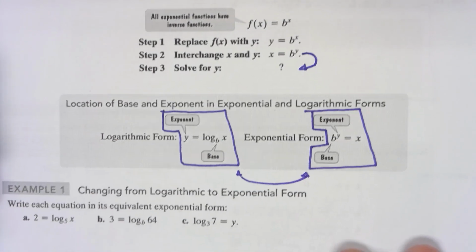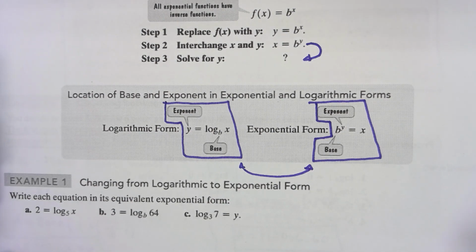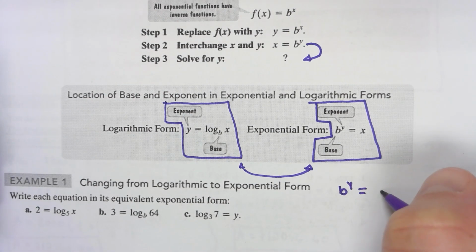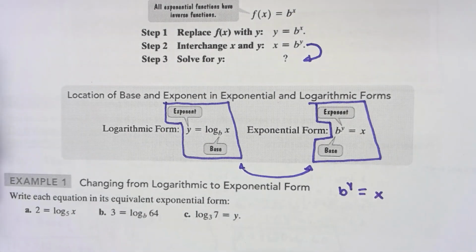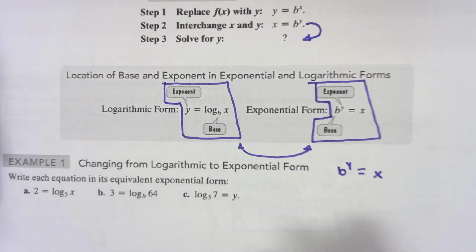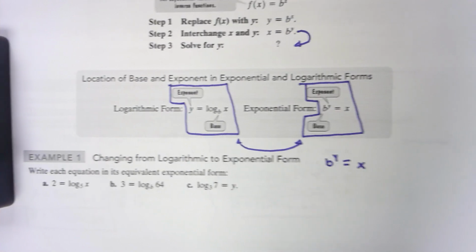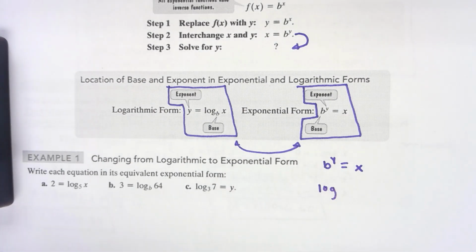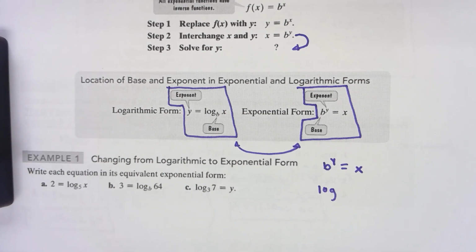So here's how I remember how to convert from one form to the other. Let's just rewrite these, where if I had b to the power of y equals x, and I want to convert that to a log, what I remember is, first I need to bring in that log, which, think about it as an operation. Think about it as adding, subtracting, multiplying, dividing, but closely related to exponentials.